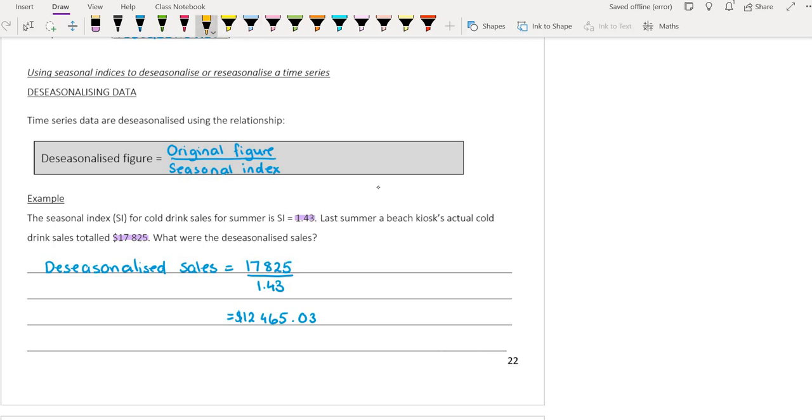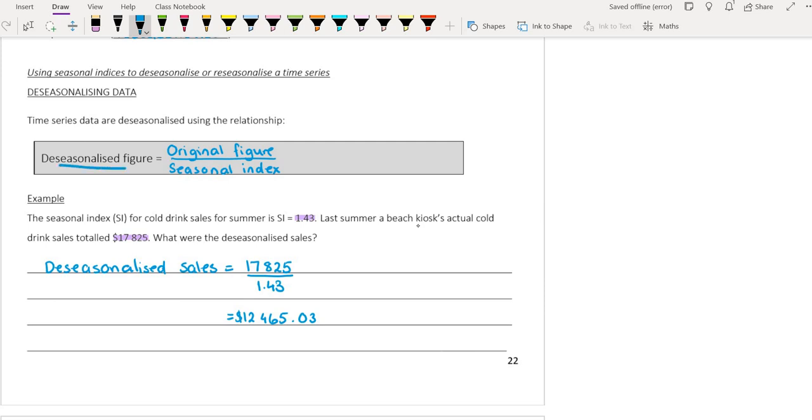In this formula, we've got the deseasonalized figure, which equals the original figure divided by the seasonal index. And as this is just a formula, if you were to find this or this, you can also use this formula, and you can use the CAS to find what those values are.